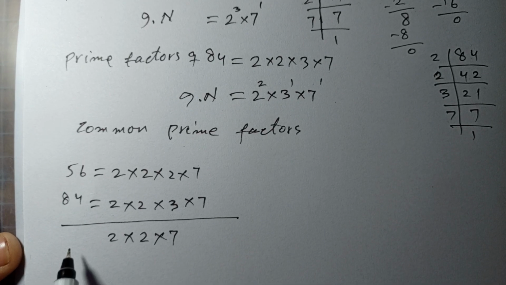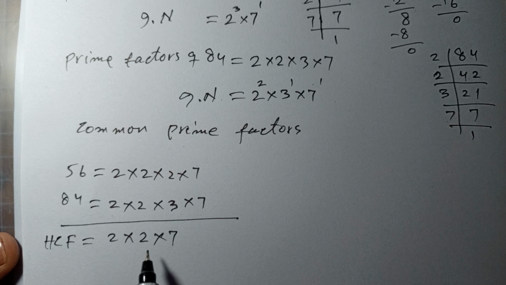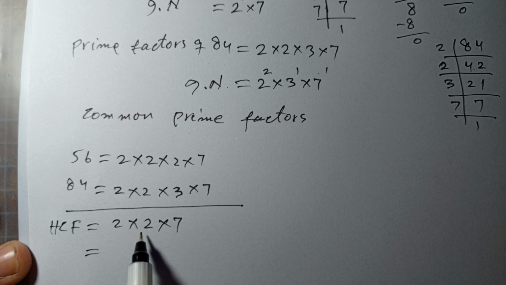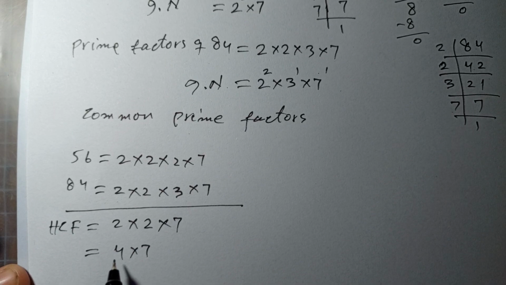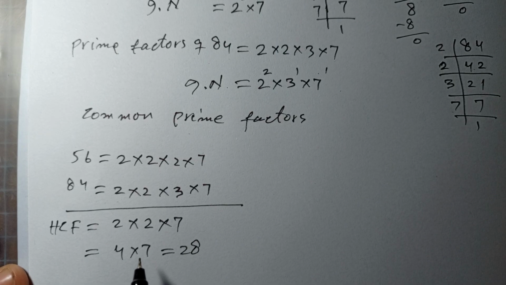Now to find HCF, you can multiply these. This is our HCF. 2 2s are 4. Multiply 2 and 2, you will get 4. Then multiply 7. So 4 7s are 28. This is our answer in this method.